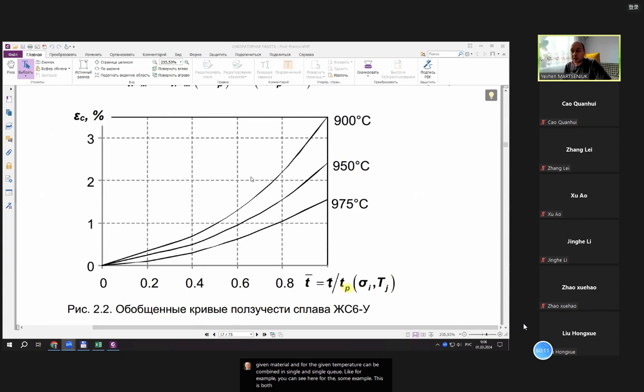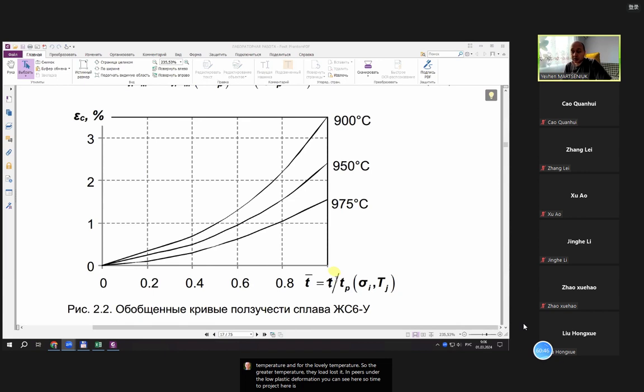This is for 900 degrees, this dependence of plastic deformation on the relative time. For another temperature, and for another temperature. So the greater the temperature, the lower the plastic deformation at which fracture appears. You can see here, time to fracture is when it is 1.